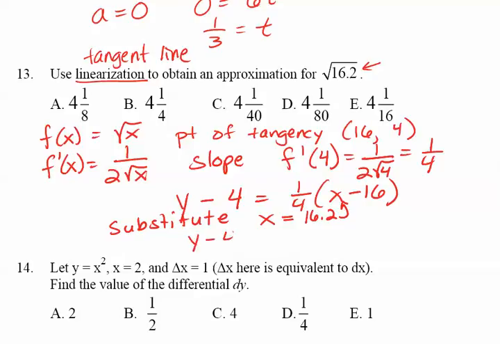So we would have y minus 4 is 1/4 of 0.2. And again, I like fractions. 0.2 would be 1/5. So I might write this as 4 and 1/20th. If you liked decimals better, you would write y minus 4 is equal to 0.25 for the 1/4 and 0.2.